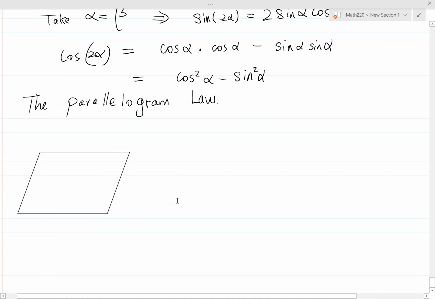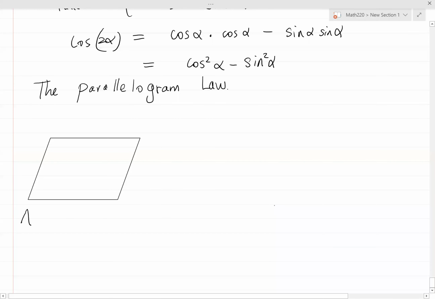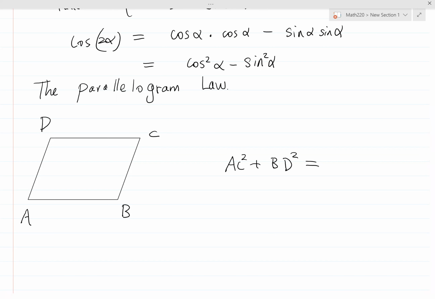Okay, suppose we have a parallelogram, with vertices A, B, C, D. For this parallelogram, show that AC squared plus BD squared, the sum of the squares of the diagonals of a parallelogram, is equal to twice AB squared plus AD squared.